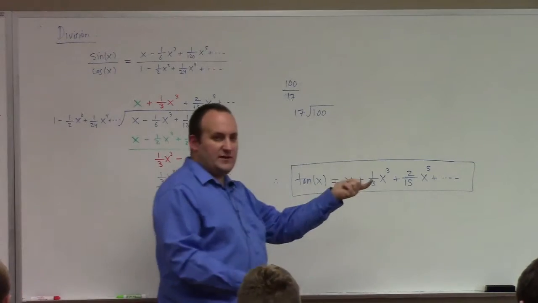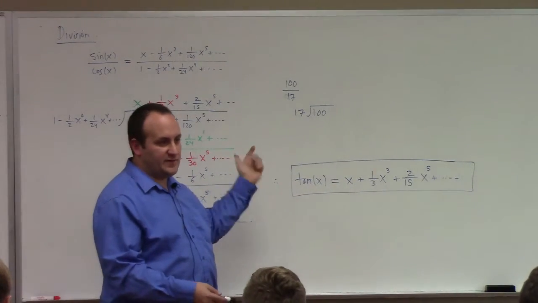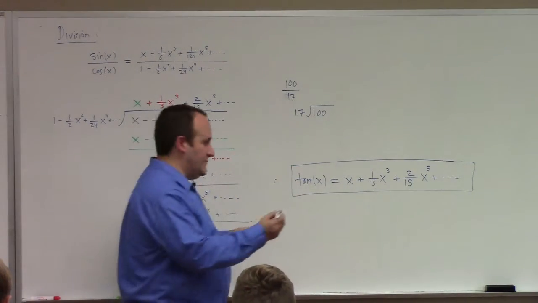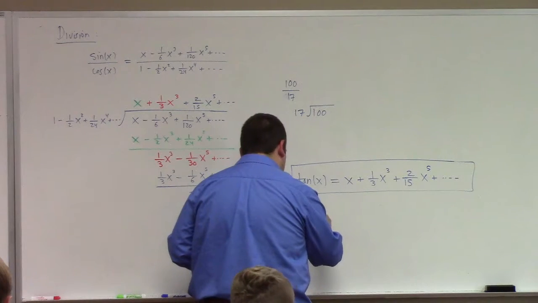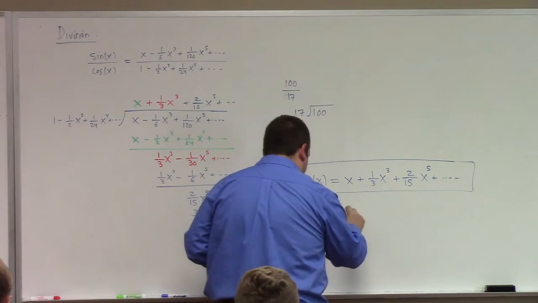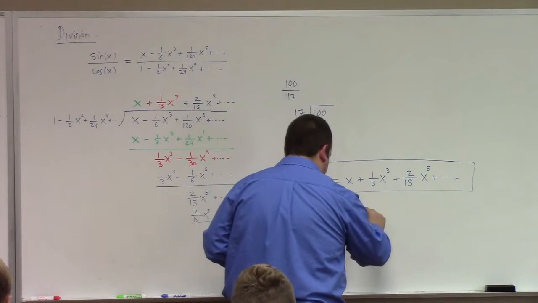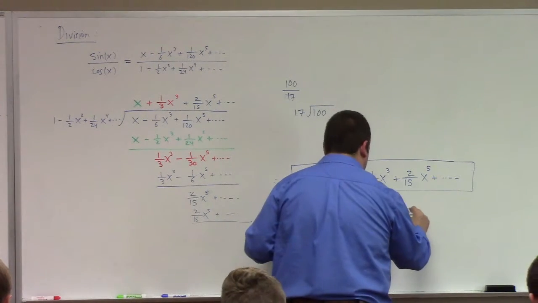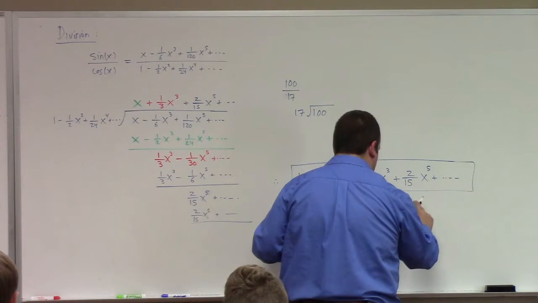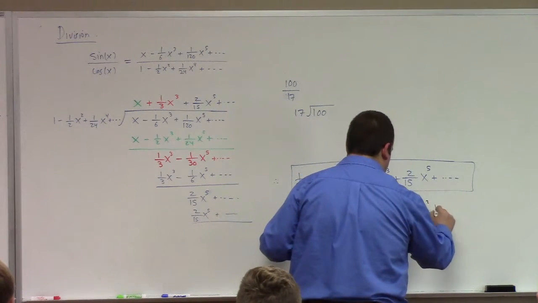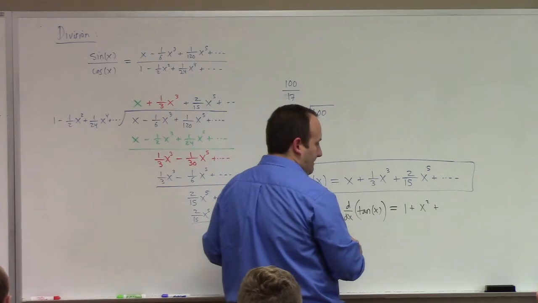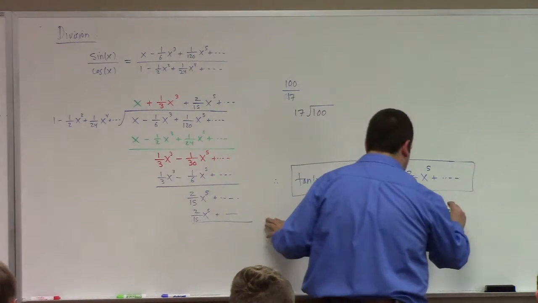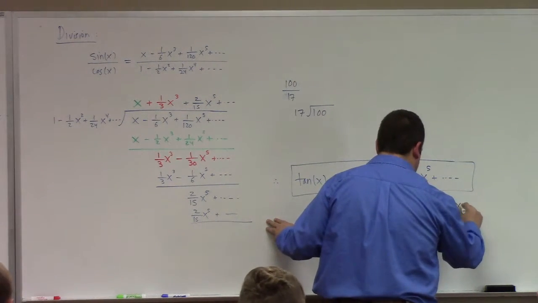Once you have this, we can do other examples. Like, suppose you want the power series for secant squared. So what is secant squared? The derivative of tangent? Yeah, so that's why you were telling me 1 plus x squared plus, you say 2/3 x to the 4th?